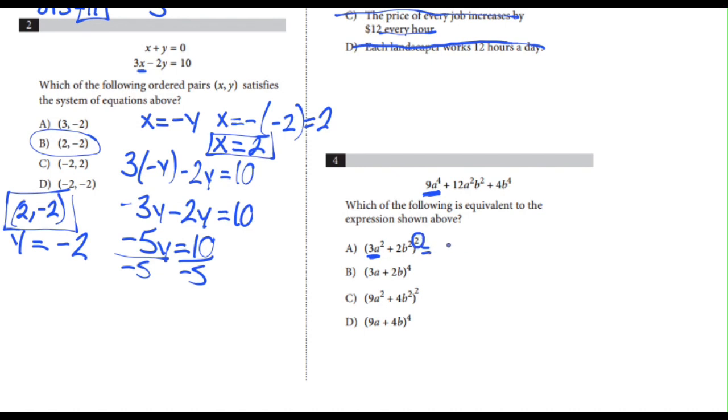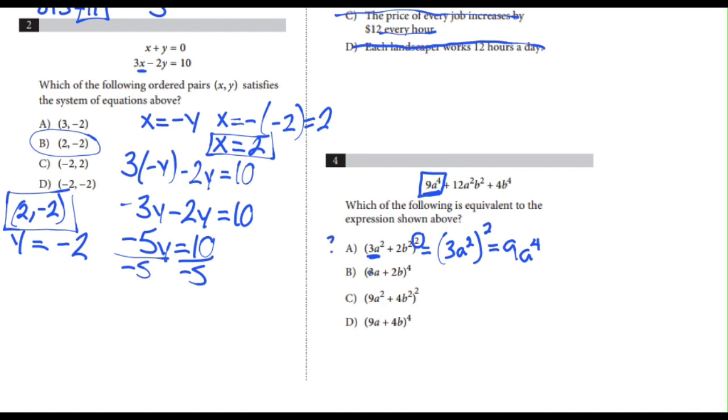So for A, we have 3a squared, and we're going to raise that to the exponent on the outside, which is 2. 3 squared is 9, and a squared squared is going to be a to the power of 4. Notice this is what we get in the expression we're trying to find equivalency for.